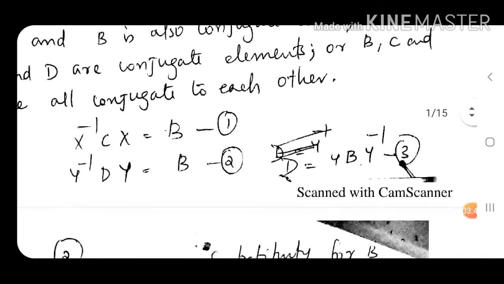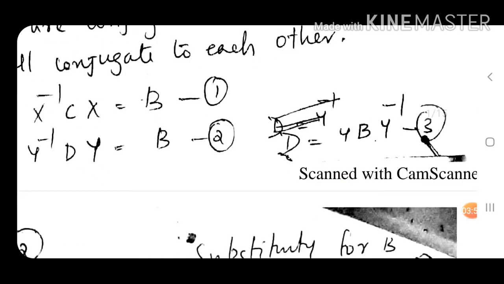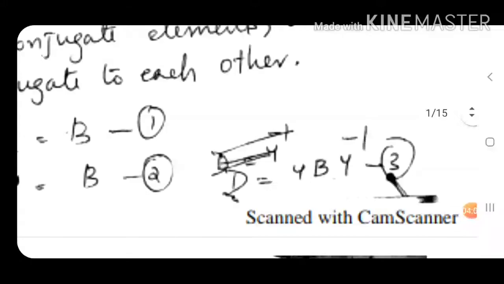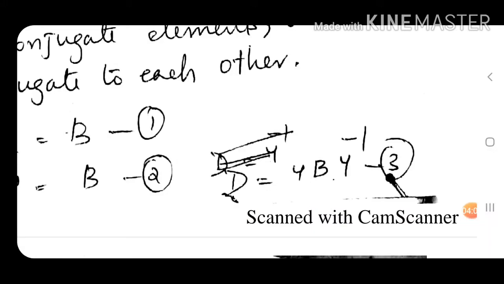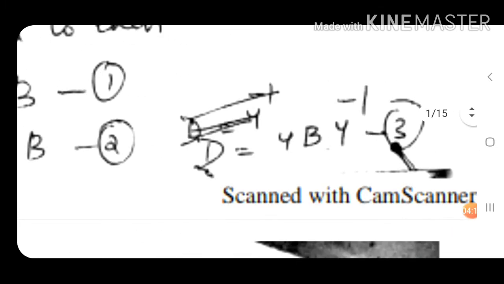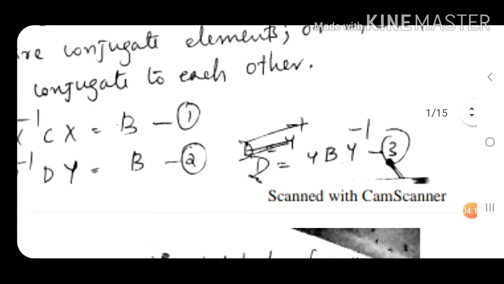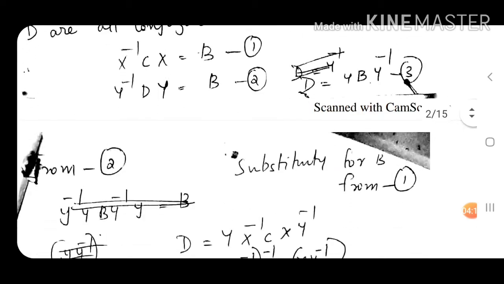Now from equation 2, I can write D as equal to YB Y inverse. That is equation 3. How? As we did earlier, we pre-multiply the equation by Y and post-multiply it with Y inverse. So D is equal to YB Y inverse. That is equation 3.